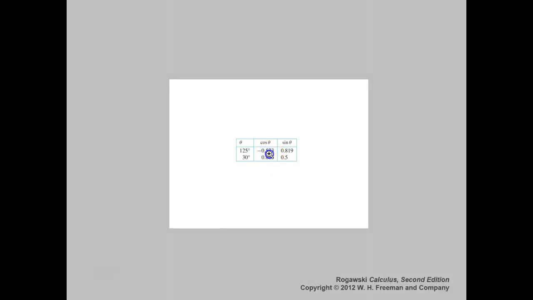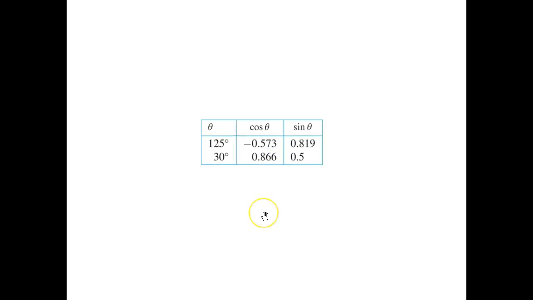Okay. Oh, and here, by the way, are the arrows asking you for that. They gave it to you here. Okay. All right. For 125, the cosine was negative 0.573, the sine was 0.819.